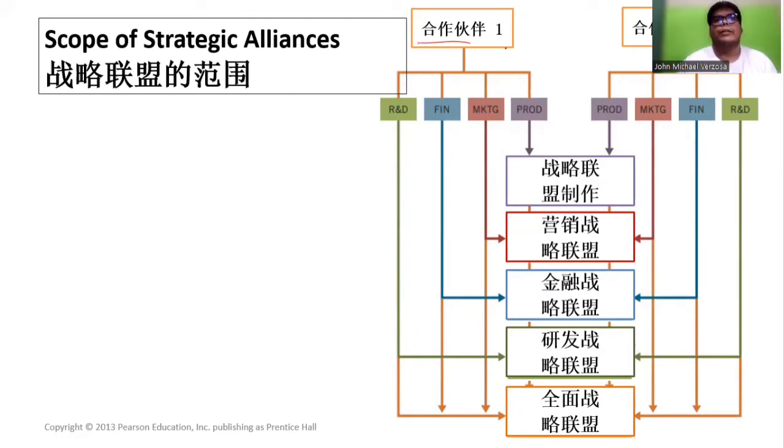So we have here company 1, company 2. They can combine, let's say, their production department or their marketing department or finance department, and then the R&D department. It can be both. So let's say this one and this one, R&D. They combine it.